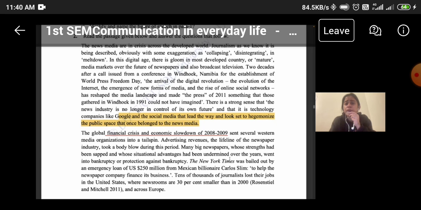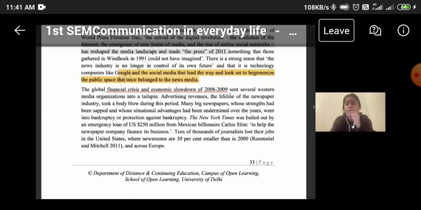In this digital age, there is a gloom in most developed country or mature media markets over the future of newspapers and also broadcast television. 2 decades after a call issued from a conference in Windhoek, Namibia, from the establishment of World Press Freedom Day, the arrival of digital revolution, the evolution of internet, the emergence of new forms of media, and the rise of online social networks has shaped the media landscape and made the press of 2011 something that those gathered in Windhoek in 1911 could not have imagined.